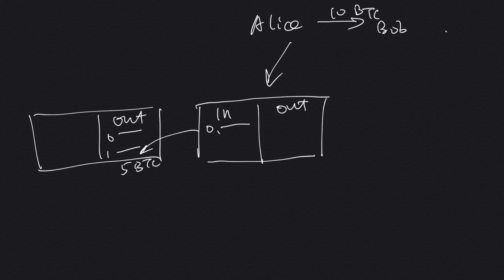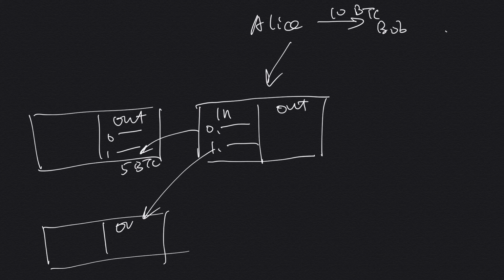So Alice needs another input, which may come from another transaction output, which for example is from index 0. It has like 8 Bitcoin. So in total we have 13, so it has enough Bitcoins.